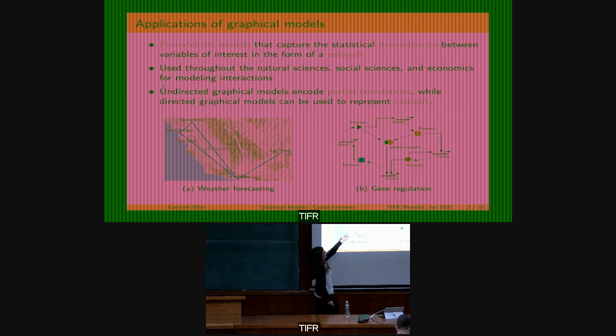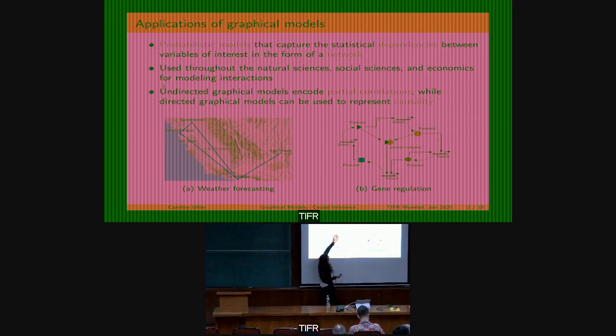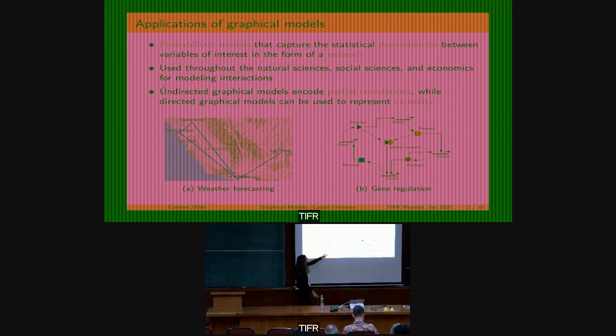But you do want to know something about the relationships among the weather here because, for example, if you have big mountain ranges, then you might have strong correlations on one side or on the other side of the mountain range, but very little across the mountain ranges, right? And these are used in order to do accurate weather forecasting. Once you know all this correlation structure, that can then tell you something about how the weather will be affected in the next days in a different place. So that's where undirected graphical models are used a lot.